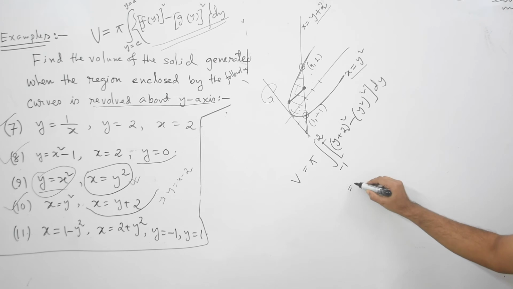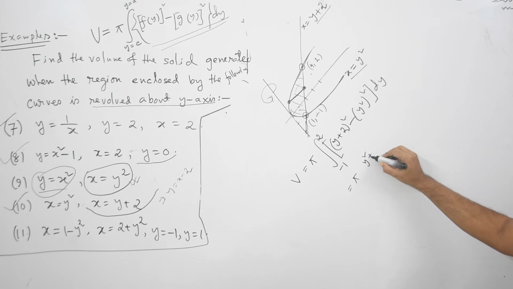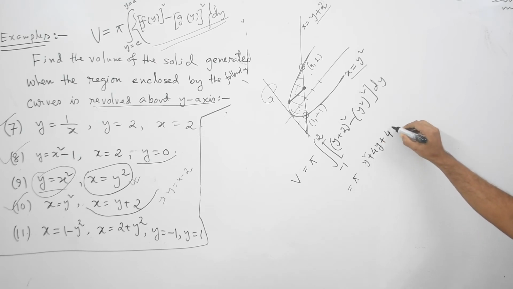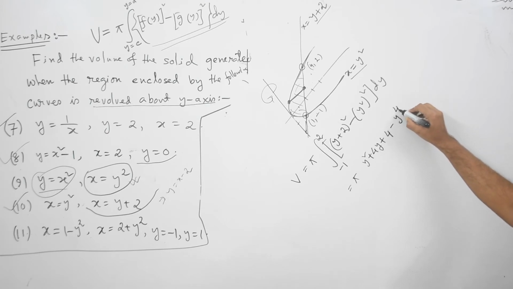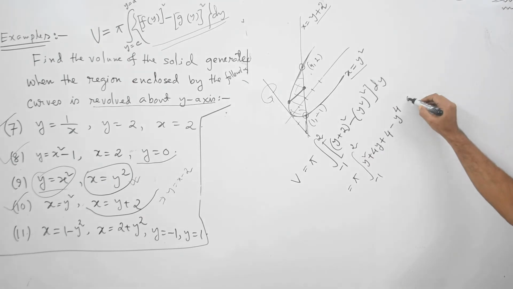Now you can easily integrate it. First you need to simplify y squared plus 4y plus 4 minus y to the power 4, from minus 1 to 2, dy.